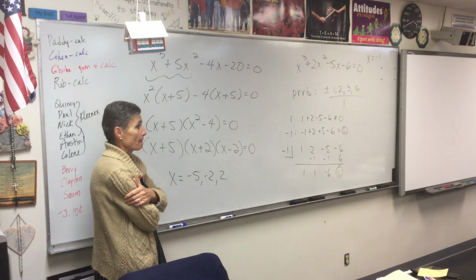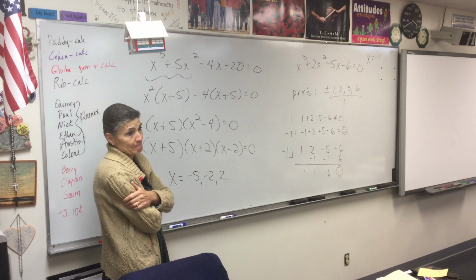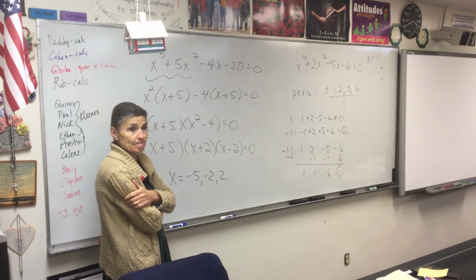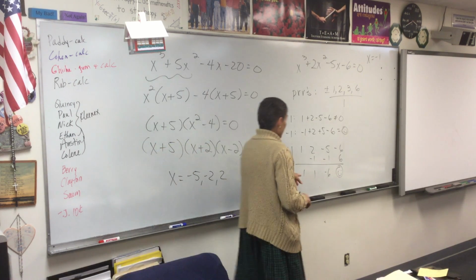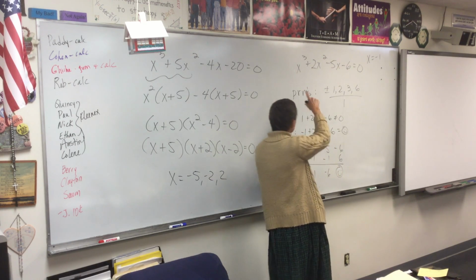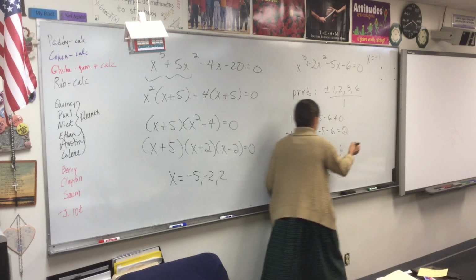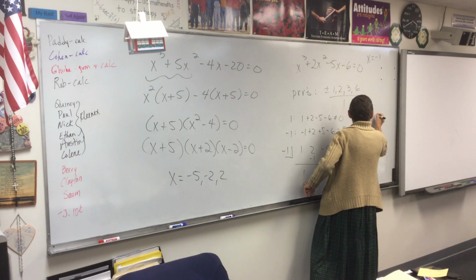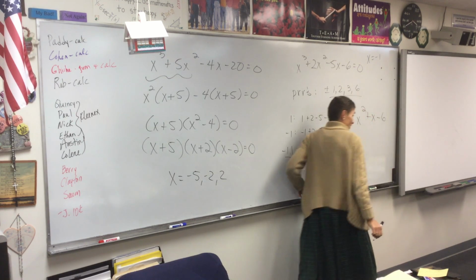Now what? You put it into x squared plus 2x minus 6. I'm going to write this guy as a polynomial. So since I divided x cubed by an x, I'm going to have x squared plus x minus 6. Very good.